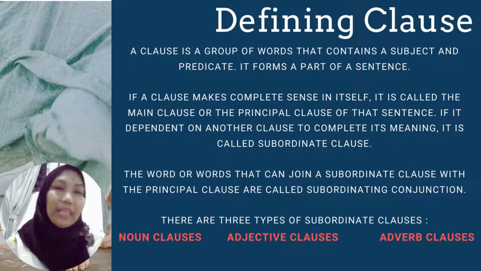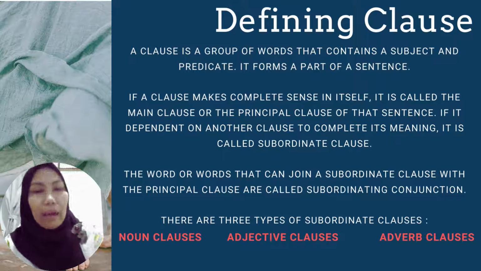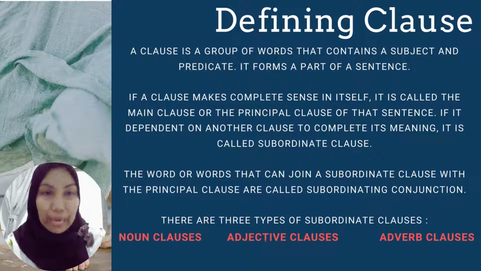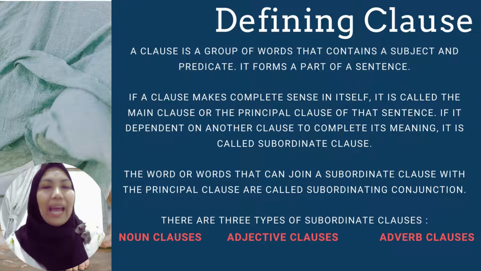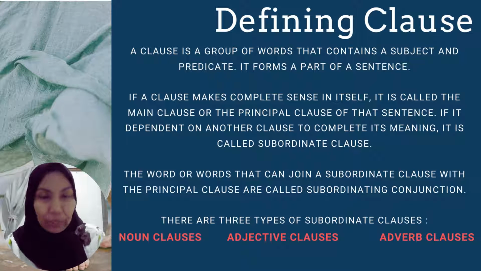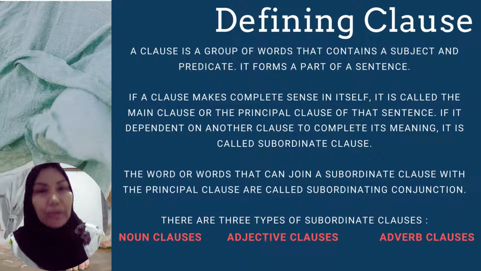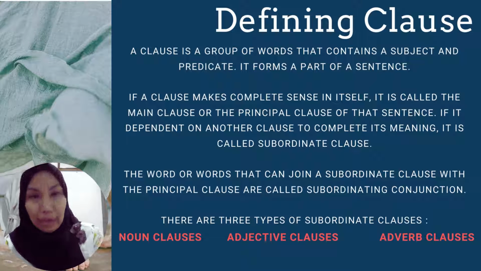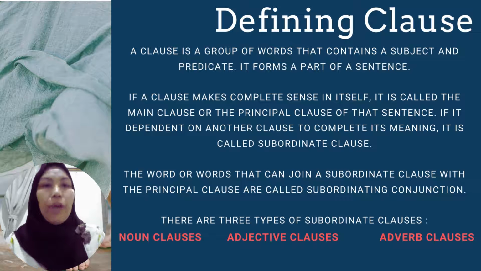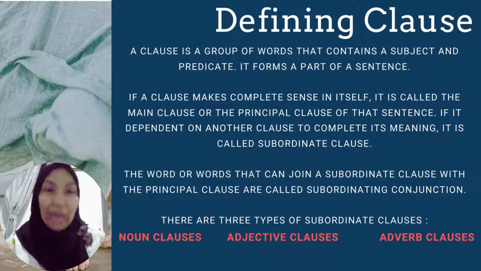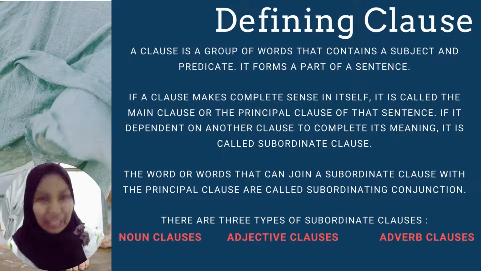But if it depends on another clause to complete its meaning, we call it a subordinate clause. There are three types of subordinate clause in English. The first one is noun clause, the second one is adjective clause, and the last one is adverb clause. And in this presentation, we are going to talk about noun clause and adjective clause.